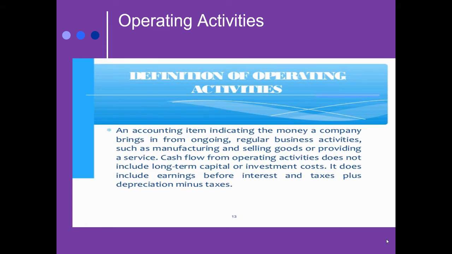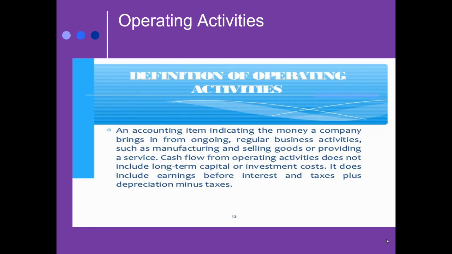Cash flow from operating activities does not include any long-term capital or investment costs, but it does include earnings before interest and taxes plus depreciation minus tax. So these are the items that are included in the cash flow of operating activities.